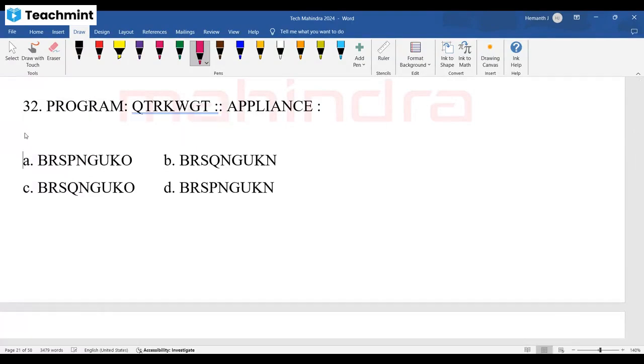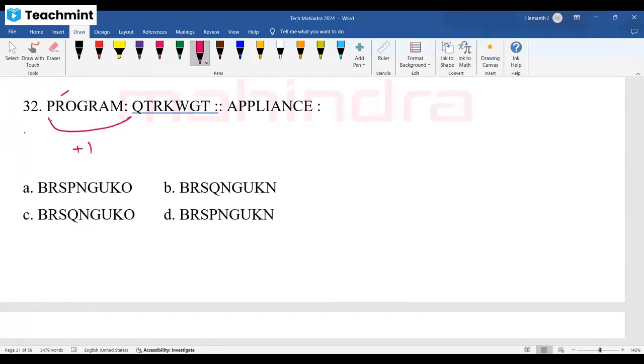Here P and Q plus 1, R and T plus 2. I think it's like plus 1, plus 2, plus 3, plus 4, plus 5, plus 6, plus 7 like that. Every letter keeps going. So plus 1 is B, plus 2 is R, this is S. Then L is nothing but 12. 12 plus 4 is P. 9 plus 5, 14 means N. Still things are going.